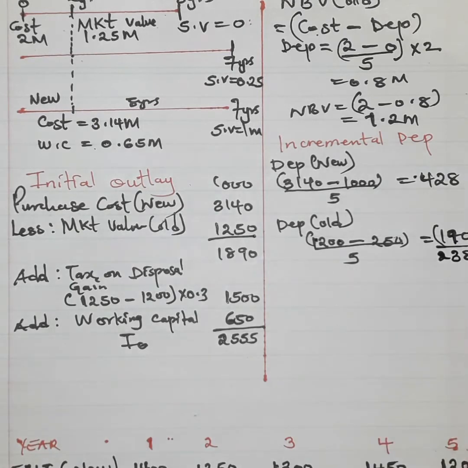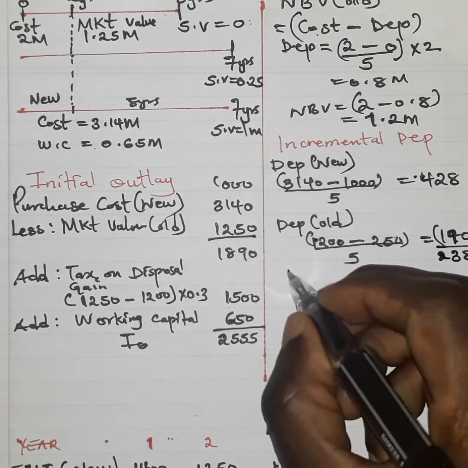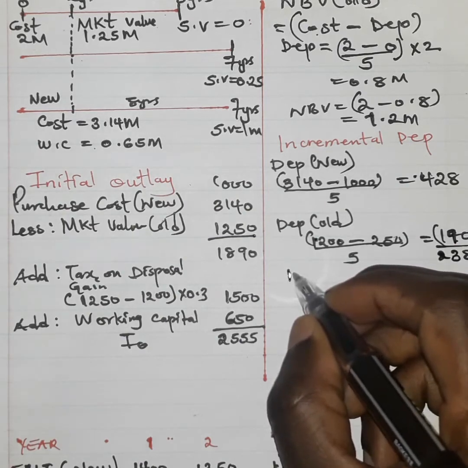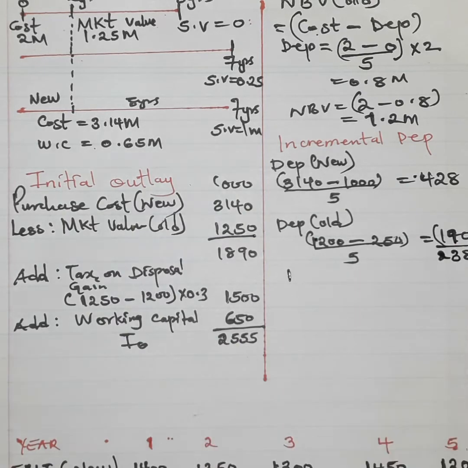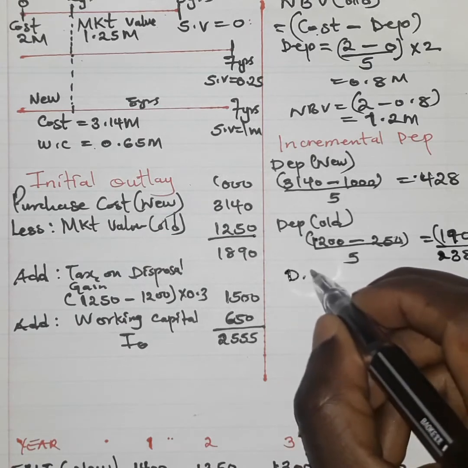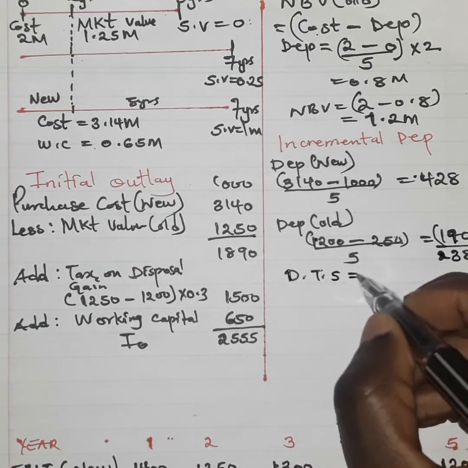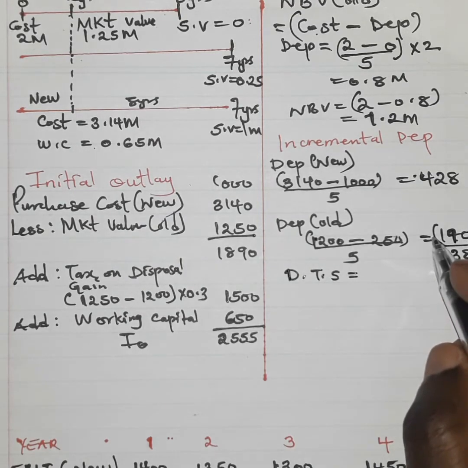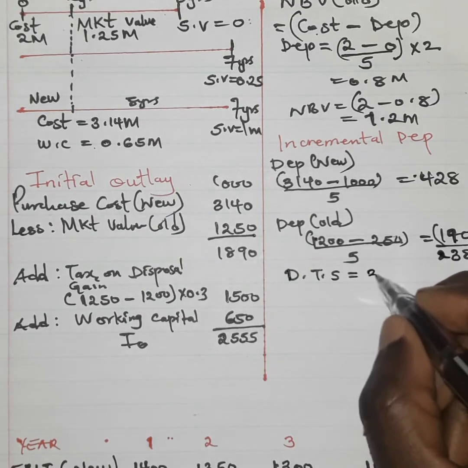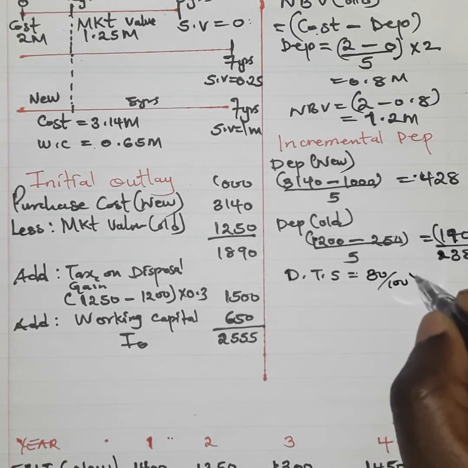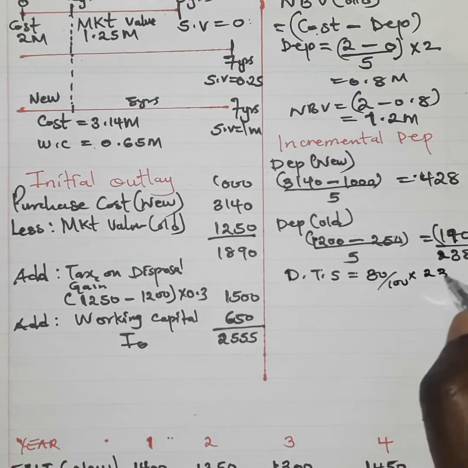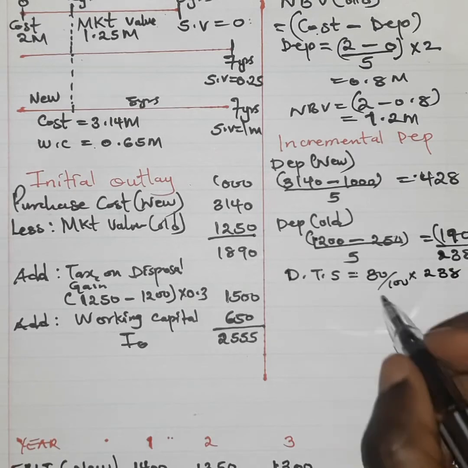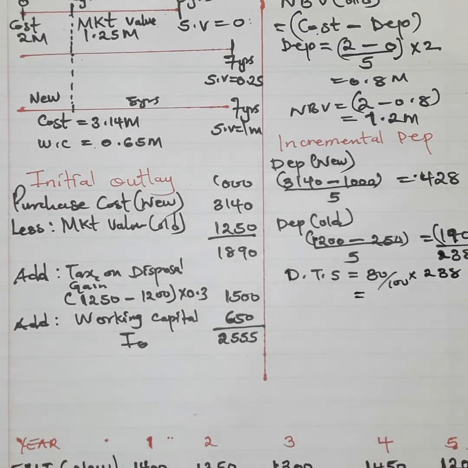But remember, there's an element of depreciation tax saving, for every amount charged as depreciation, which is 30% times 238, and we get savings of 71,000.